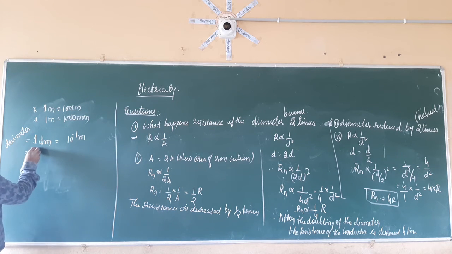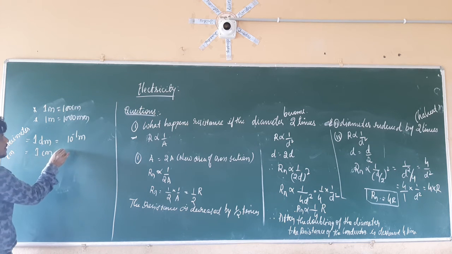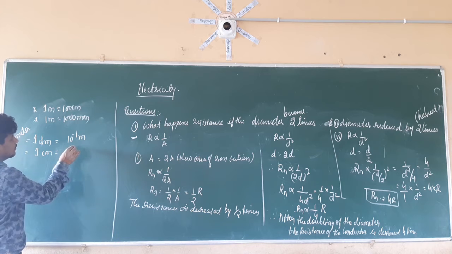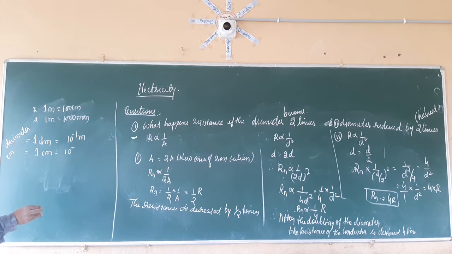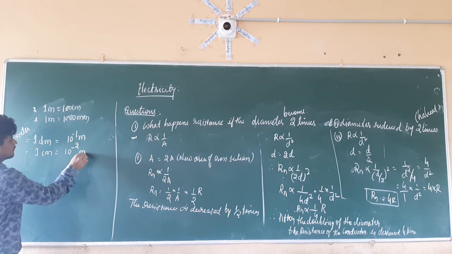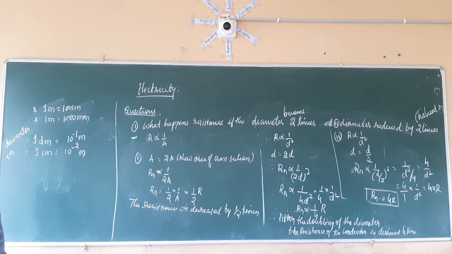In the same manner, 1 centimeter is equal to 10 raised to minus 2 meters.